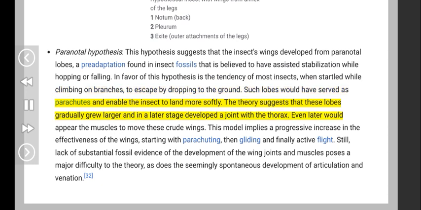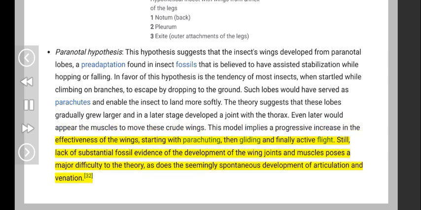The theory suggests that these lobes gradually grew larger and in a later stage developed a joint with the thorax. Even later would appear the muscles to move these crude wings. This model implies a progressive increase in the effectiveness of the wings, starting with parachuting, then gliding and finally active flight. Still, lack of substantial fossil evidence of the development of the wing joints and muscles poses a major difficulty to the theory, as does the seemingly spontaneous development of articulation and venation.